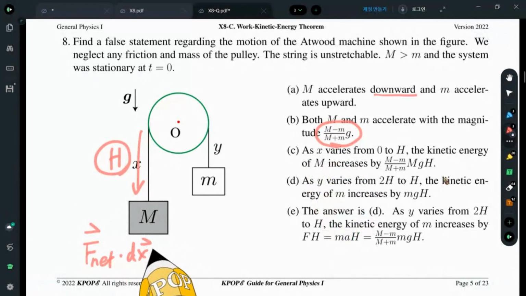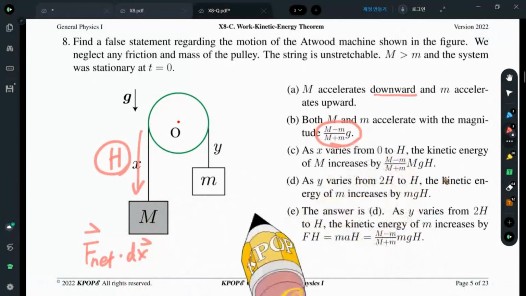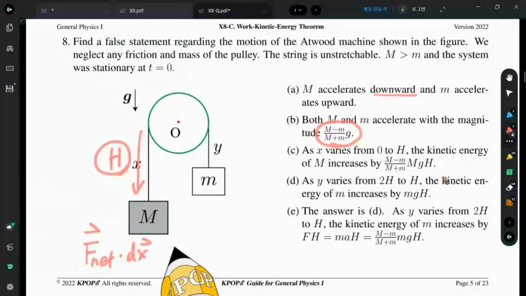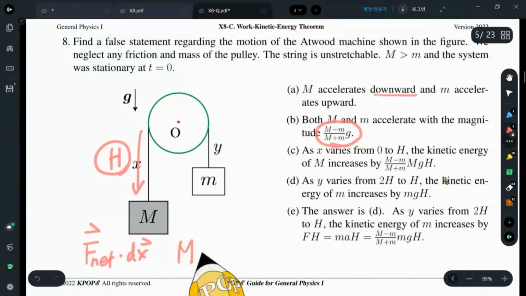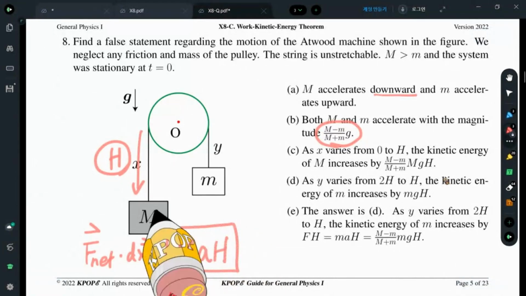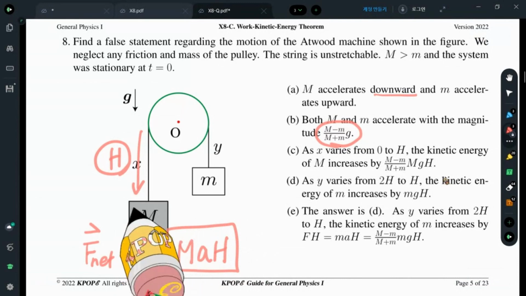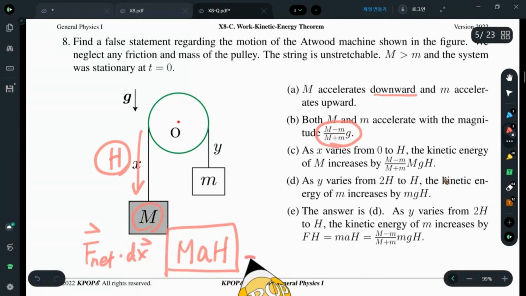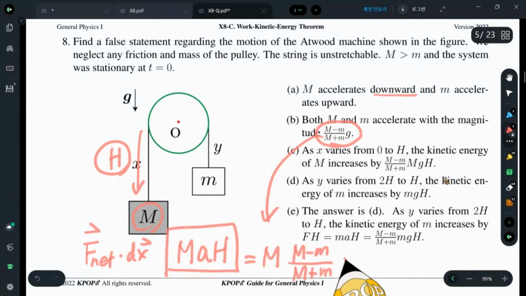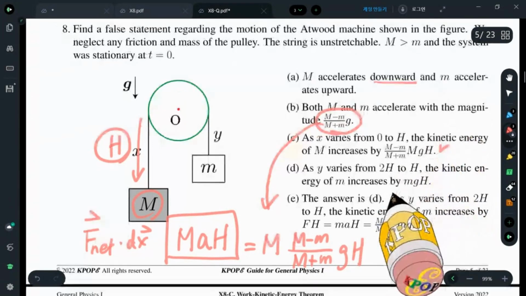This acceleration gives net force, capital M A, and then multiplied by h. This is the amount of work done on the capital M. So let us substitute this acceleration, M minus m over M plus m, g, h. This is the answer. That's correct.